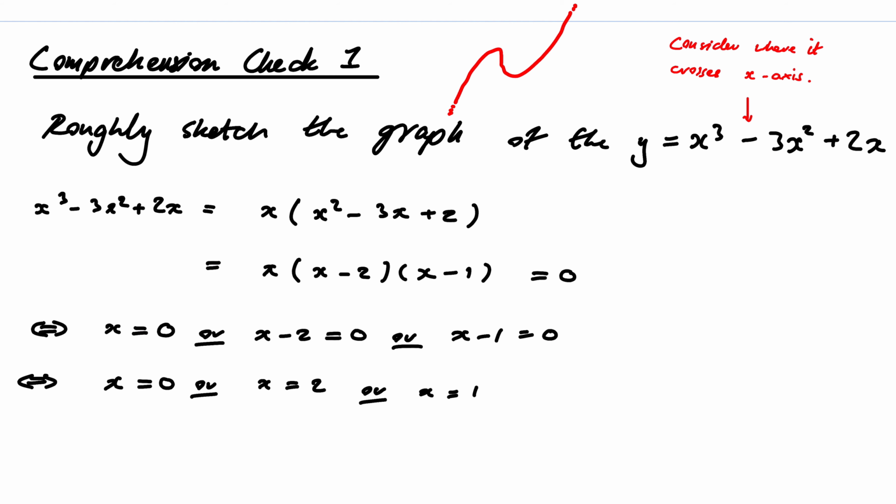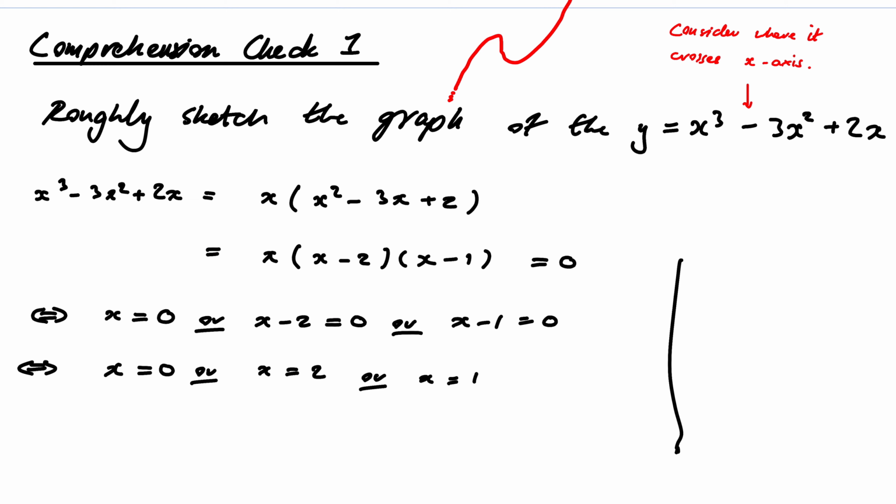So what does this mean? Well, this means if you're going to graph it, and I'm going to do it very roughly, I know the basic shape, and what I know now is I have 3 cross points, right? I have 0, I have 1, and I have 2. So my gut feeling is the shape, roughly, of this is going to have this kind of orientation.